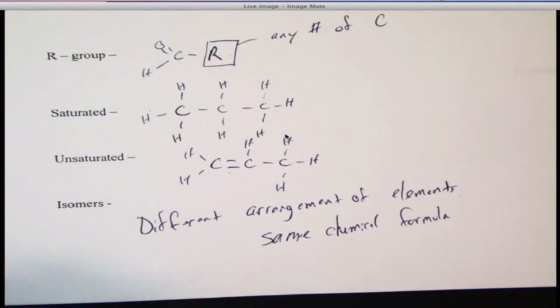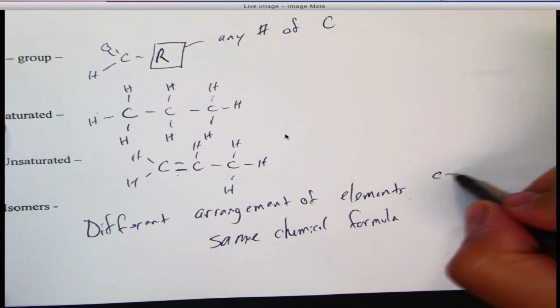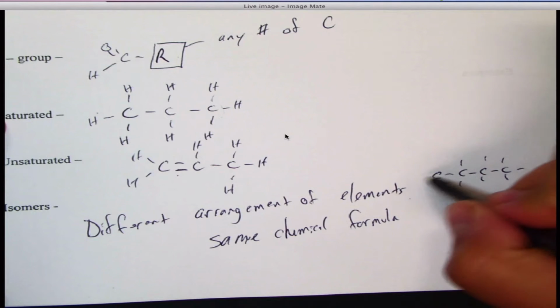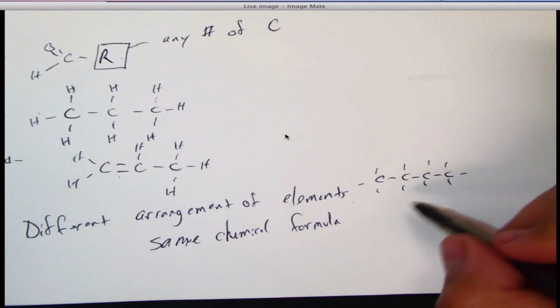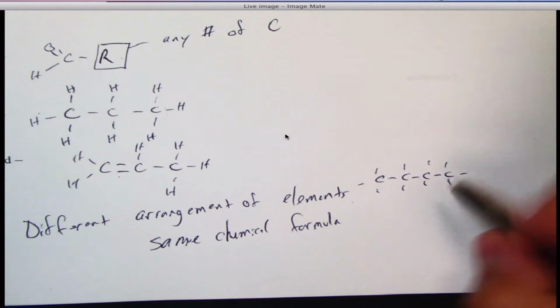Okay, so different arrangement, same chemical formula. Here's your example. This, if you guys can see it, which I don't think you can. This is butane, 4 carbons, the rest is hydrogens. I'm not going to write them in. So butane has 4 carbons, single bonds because of the A and E.